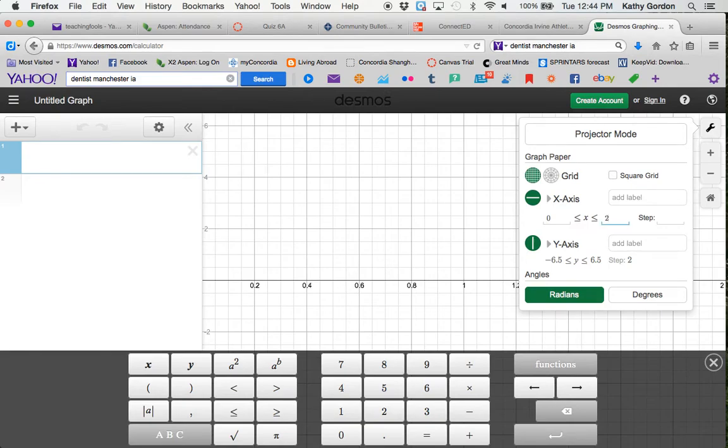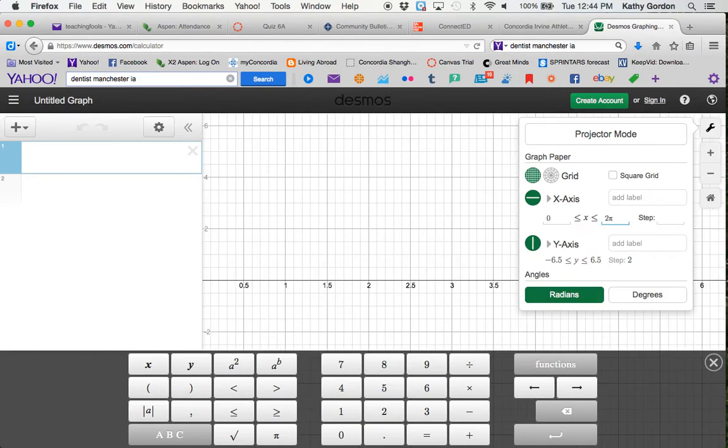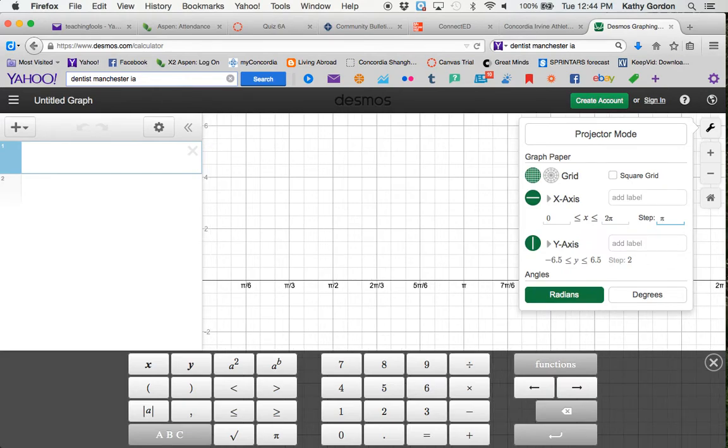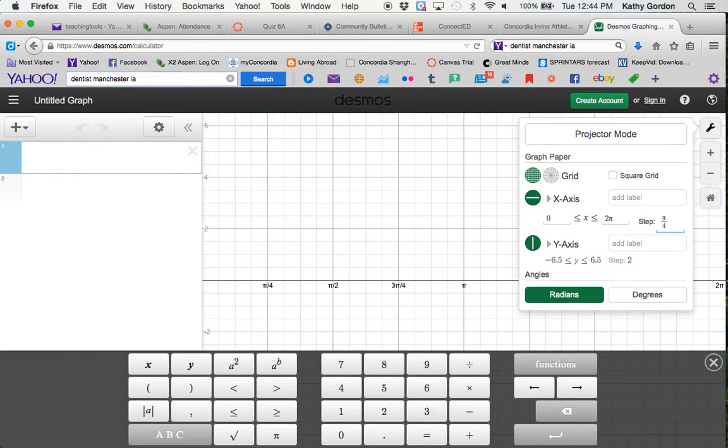And remember, the pi symbol is just option P. That will adjust how much of the x-axis I'm going to look at. And then for step, the step represents where my tick mark's going to be. So maybe I want my tick marks to be every pi over 4. I can type in option P for pi divided by 4, and it will set up my x-axis as multiples of pi over 4, rather than changing them to some decimal.